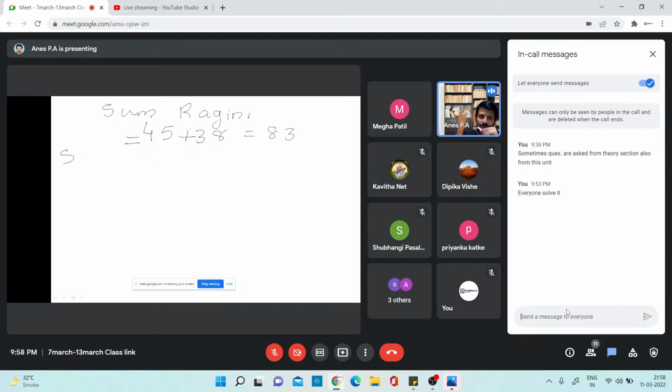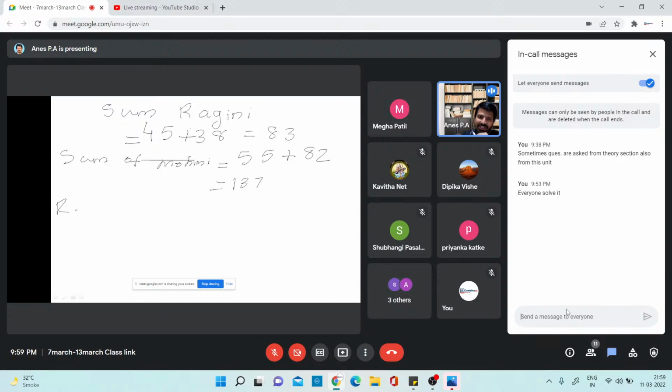Then the sum of Mohini, 137. Yes. There is 55 plus 82 equal to 137.